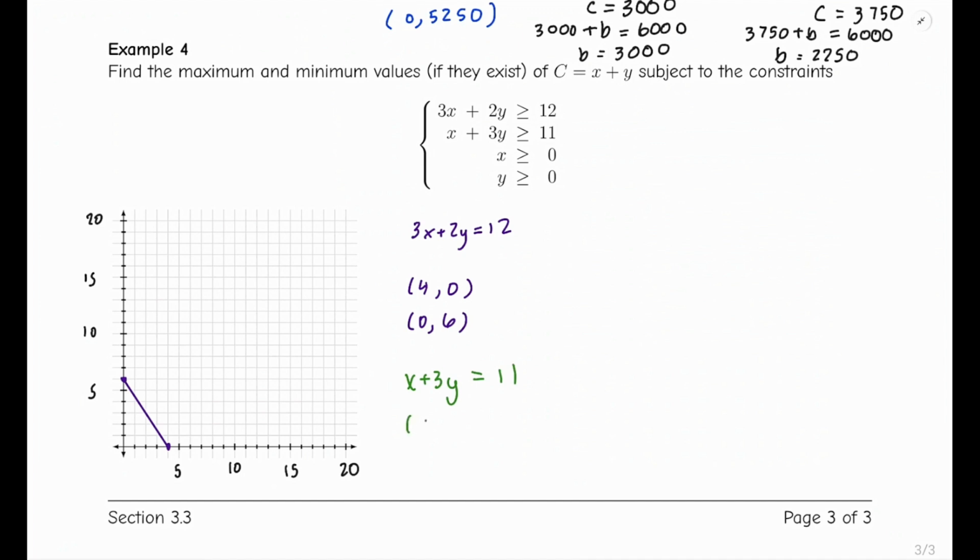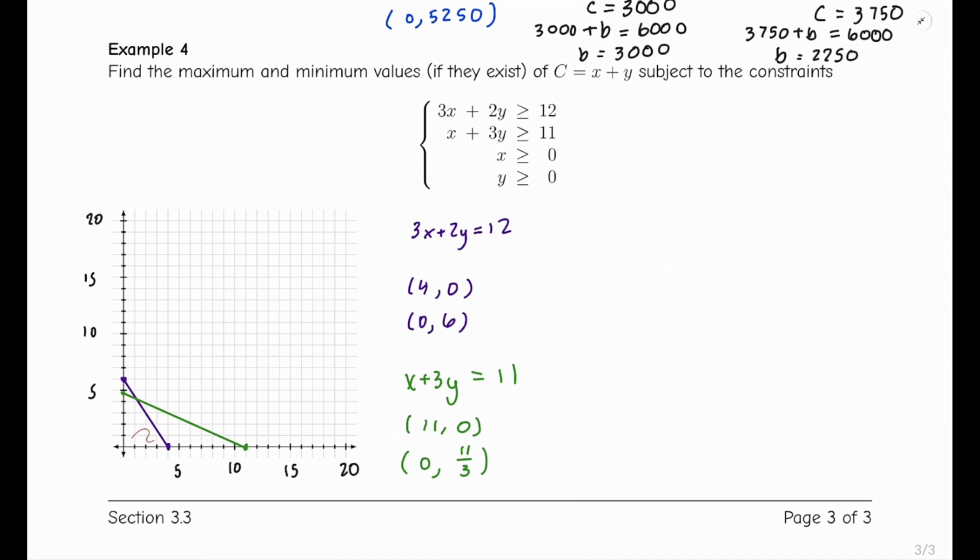But we get an x-intercept of (11, 0) and a y-intercept of (0, 11/3), which is a little bit less than 4. So go 11, and then a little bit less than 4. And then x greater than 0, y greater than 0, we get in the first quadrant.